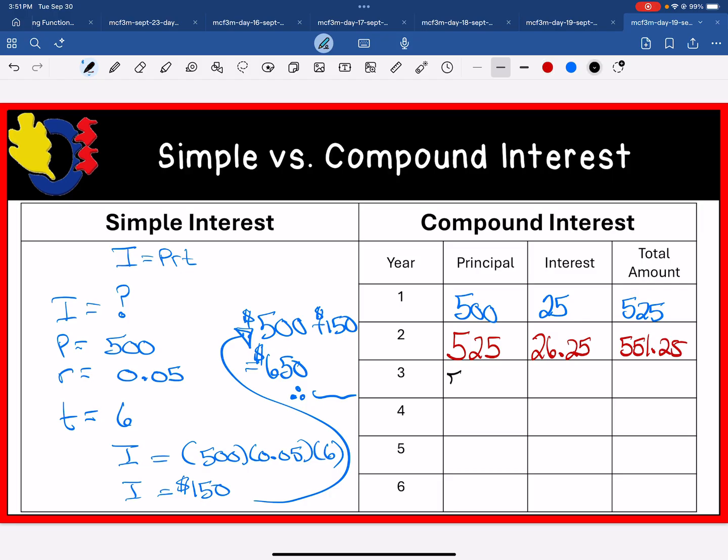So now that 551.25 goes in as the principal for year three, and that interest rate, so 551.25 times 0.05 times 1 is 27.56. Add that together, we get 578.81, and so on.